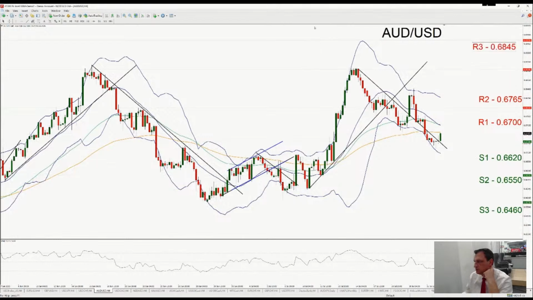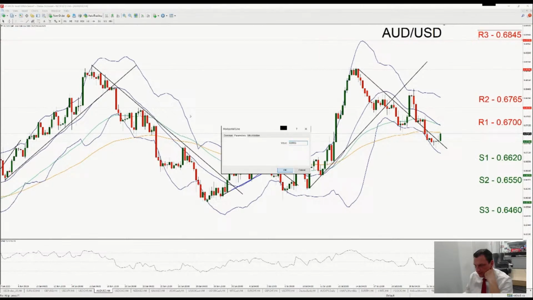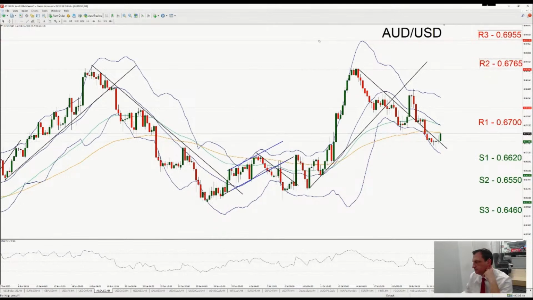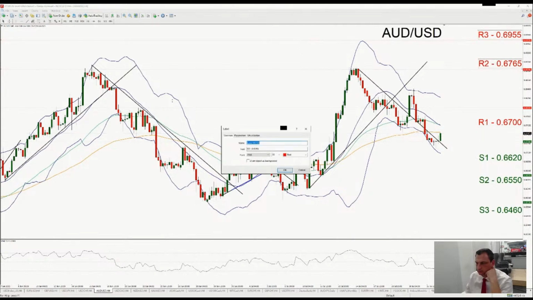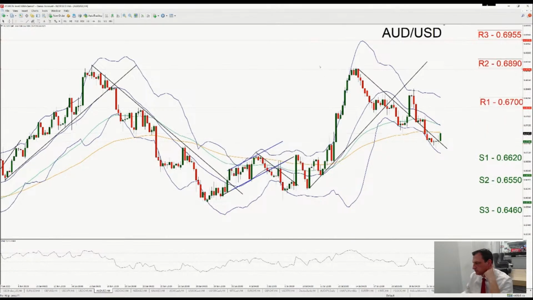Starting with the R3 at 0.6955. The R2 at 0.6890. The R1 at 0.6805.